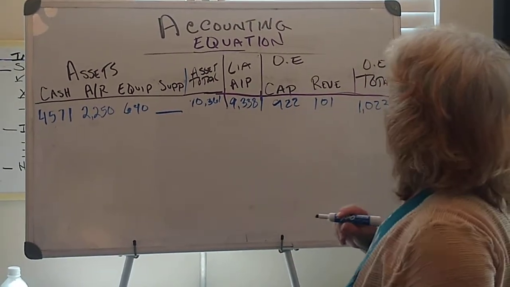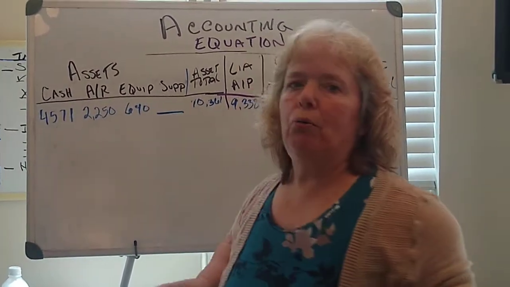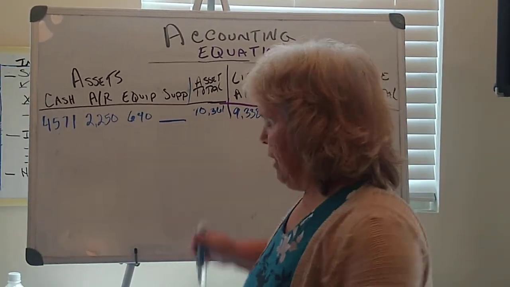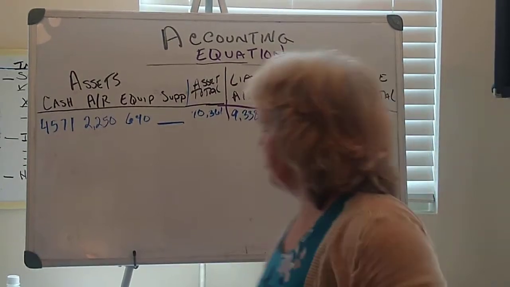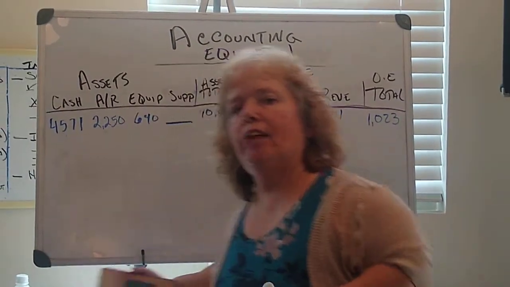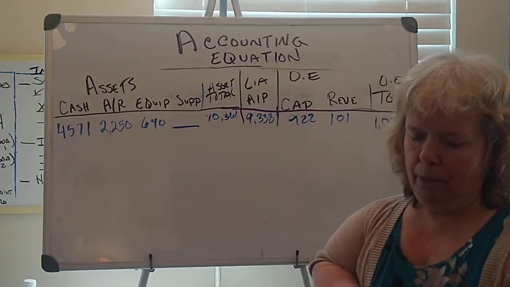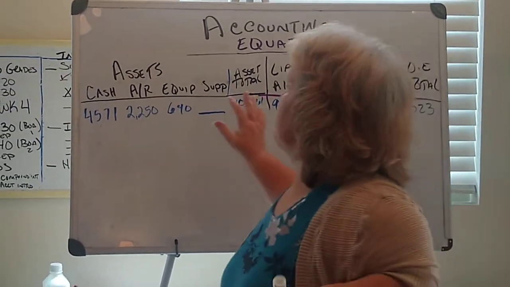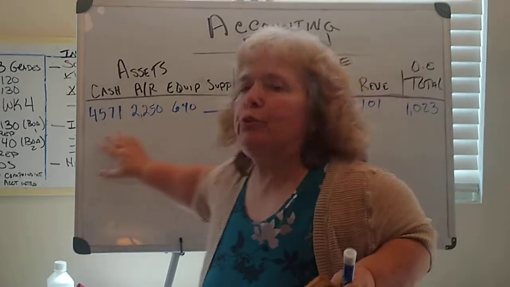Okay? So first of all, we need to figure out what information is missing. So we know that we have a total of 10,361 in our assets. Okay? So what do we need to do? Well, we need to process it by the information we do have.